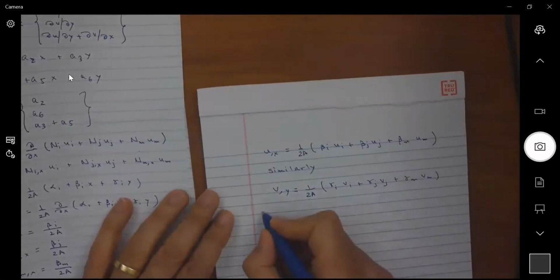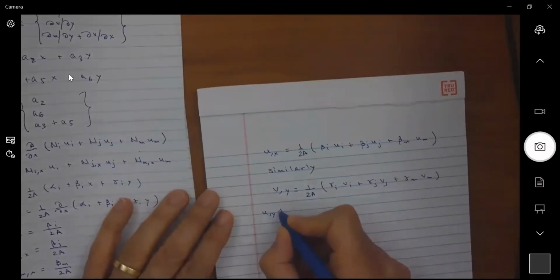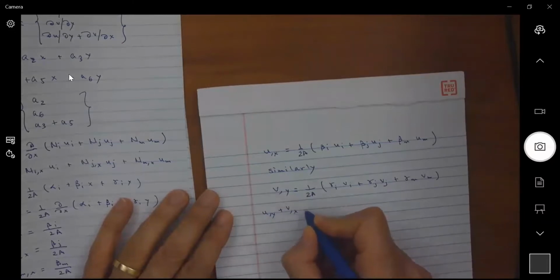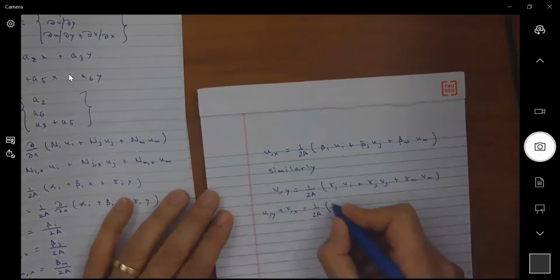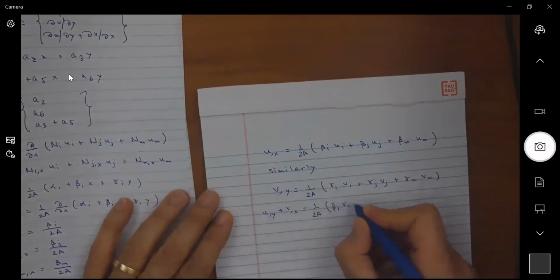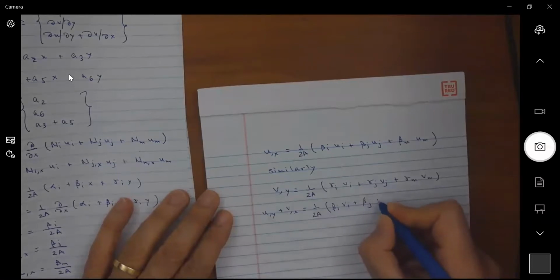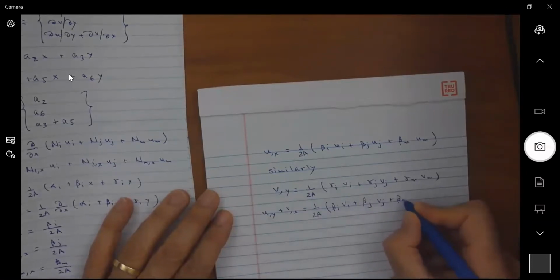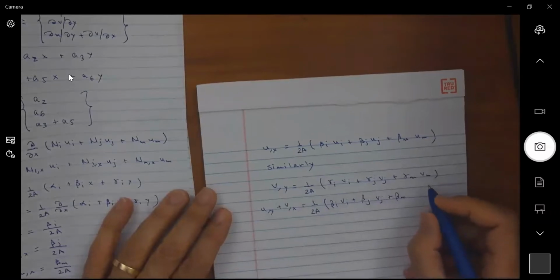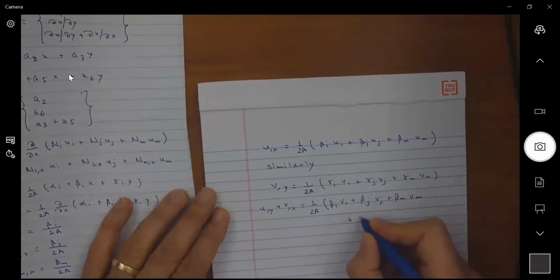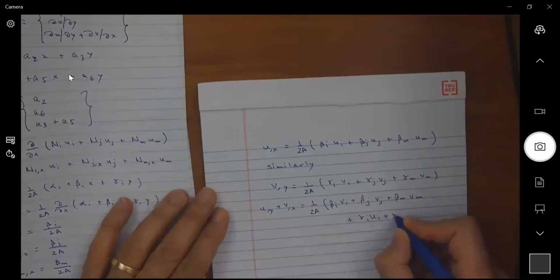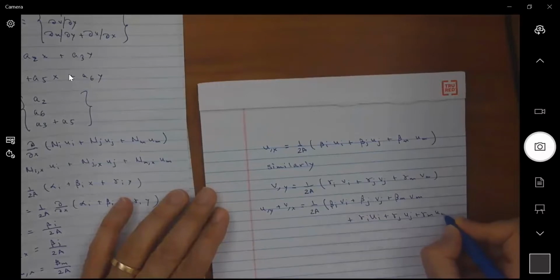And for u,y plus v,x, I'm going to get 1 over 2a multiplied by beta i vi plus beta j vj plus beta m vm plus gamma i ui plus gamma j uj plus gamma m um.